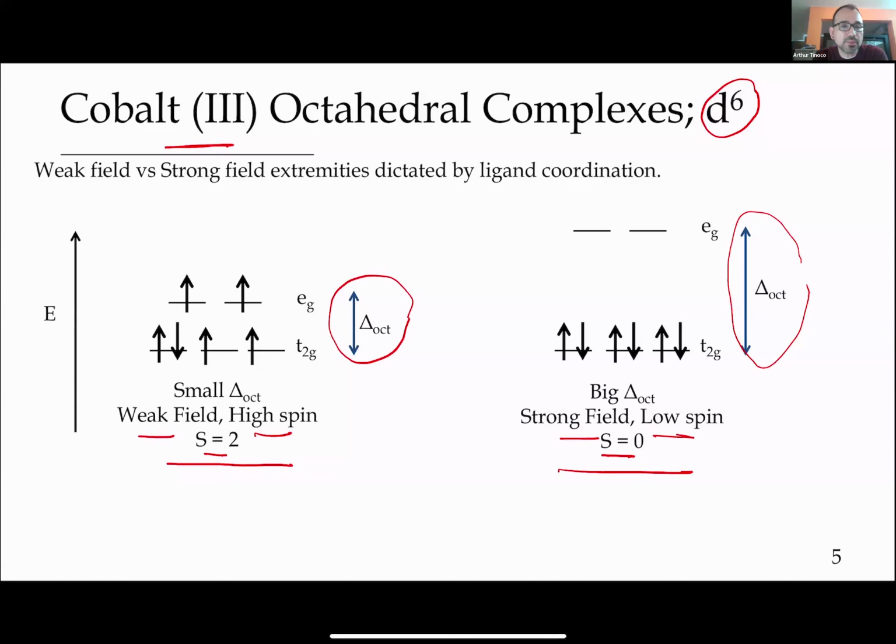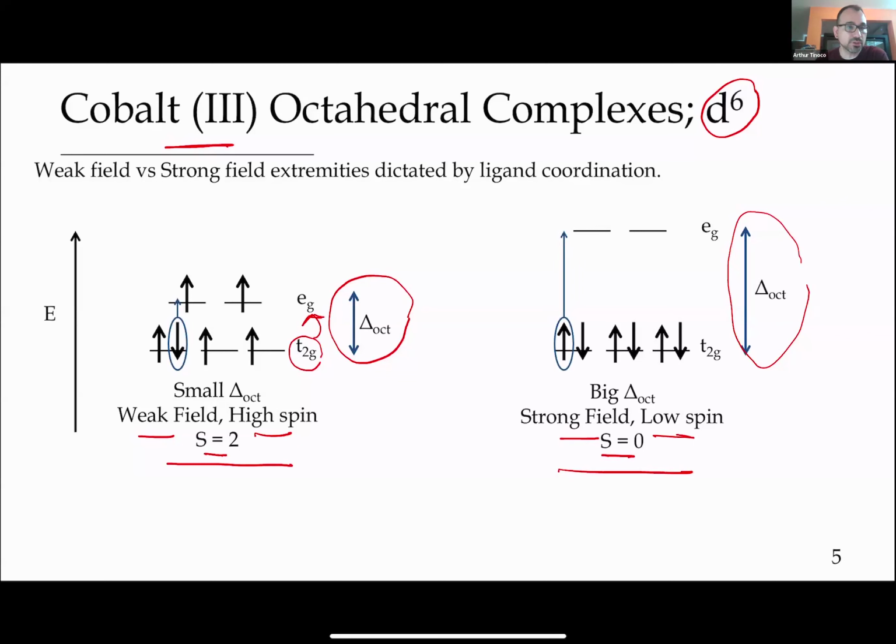And so now we have to think about how this impacts the possible electronic transition from a lower energy orbital, so the t2g orbital, to an eg orbital, whether we are in a weak field situation or a strong field situation.